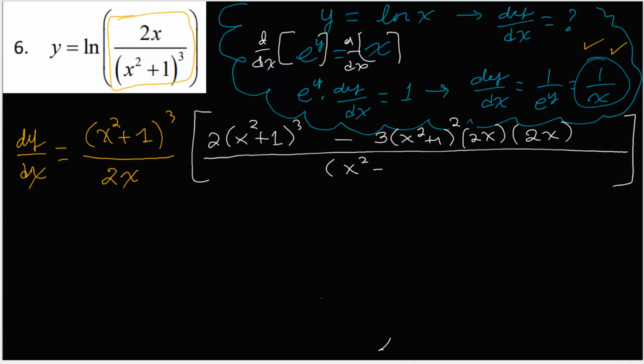So that would be x squared plus 1 to the 6th power. So that is the inside derivative.